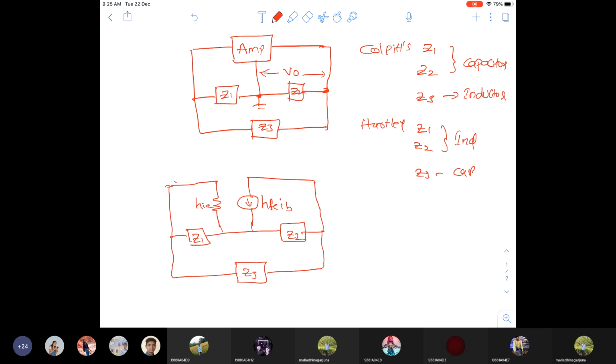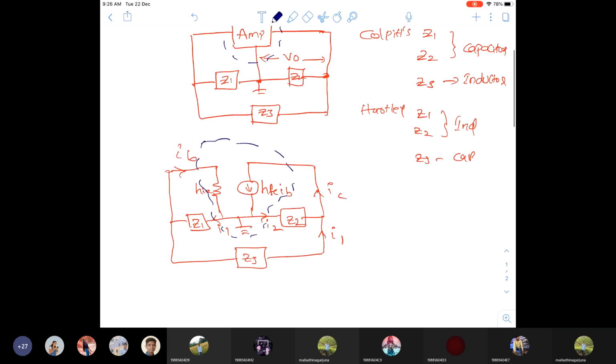The input current is IB, this is the IC current, this is I1, and this is I2. In the place of the amplifier I am replacing the simplified h-parameter model, and the remaining portion is the same.